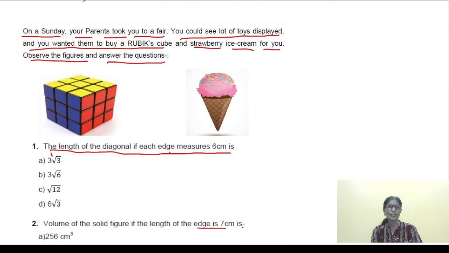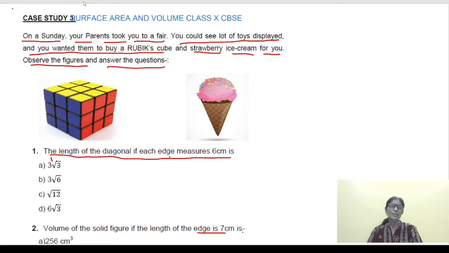So going from question number 1, this is a cube. Its side is given to be 6 centimeter, length is 6, breadth is 6, and height is 6. You have to find the length of its diagonal. Diagonal means from one corner to another corner.